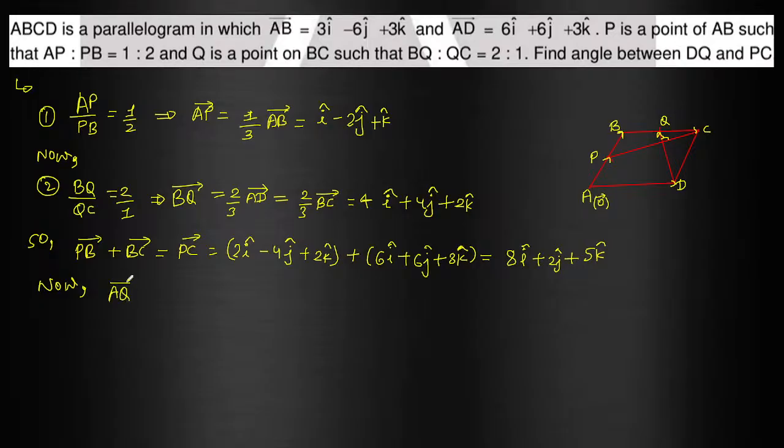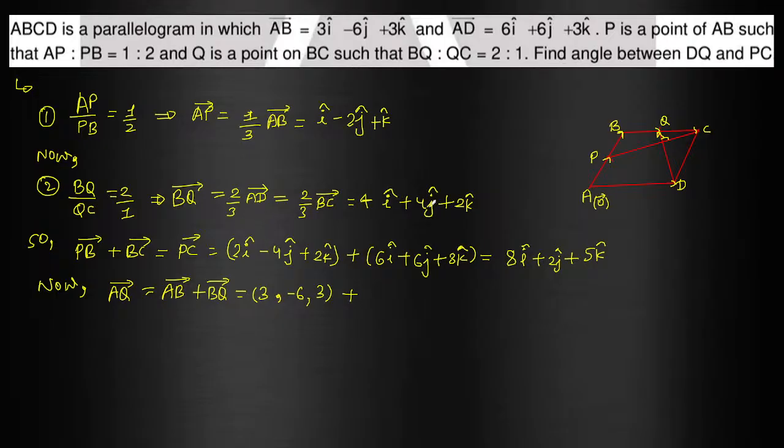AQ vector is equal to AB vector plus BQ vector. AB vector is 3, we can write it in this form also, minus 6, 3, IJK plus BQ vector.